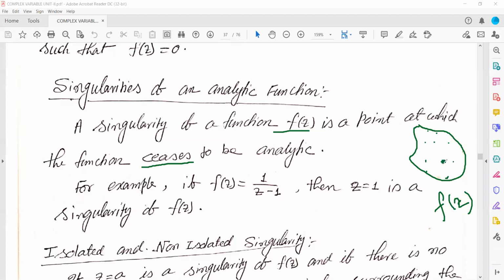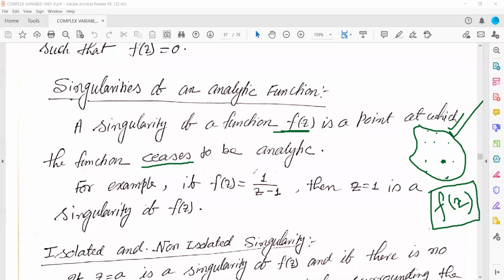Then the function is not analytic over the region, because even if there is one single point at which the derivative does not exist, the function is not analytic over the region. The point due to which the first derivative of the function does not exist is the singularity of that function f(z).